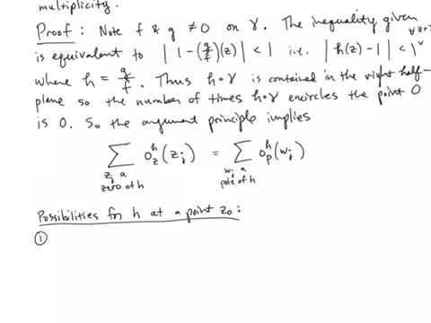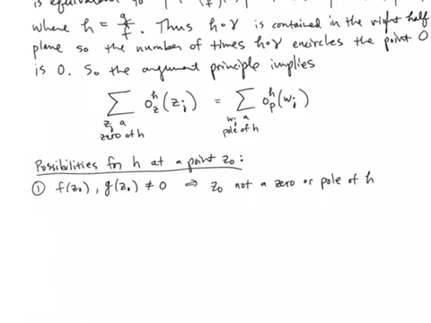So the first possibility is that F of z naught and G of z naught are both not equal to 0. Then in this case, z naught is clearly not a zero or a pole of H.